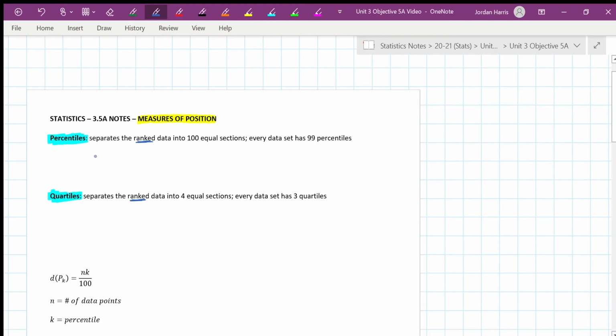So basically, if I separated my data, we'll look at a little number line. Separate my data into equal pieces. I'm not going to draw the whole thing, because there'd be 99 little pieces I have to separate it into. Okay, so trying to be as even as possible there.